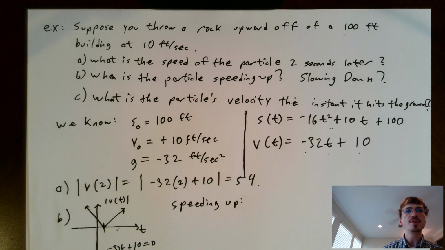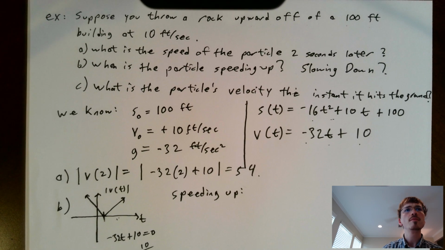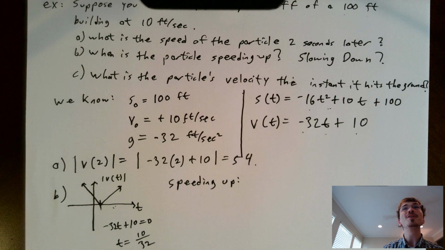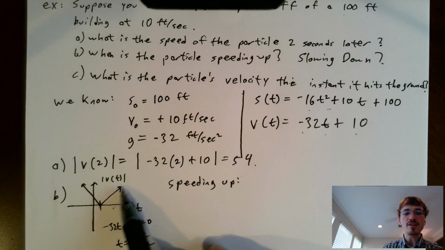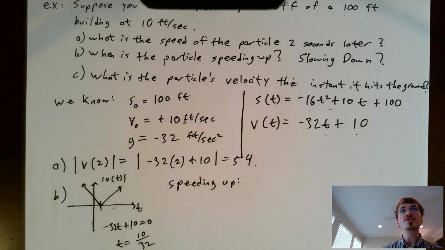Oops, that got off the screen there, didn't it? I'm sorry about that. There it goes. So we set our velocity function, negative 32t plus 10, equal to 0, and we solve for t to find the point at which this absolute value has its corner. So we know after that point we will have positive slope on this speed function.